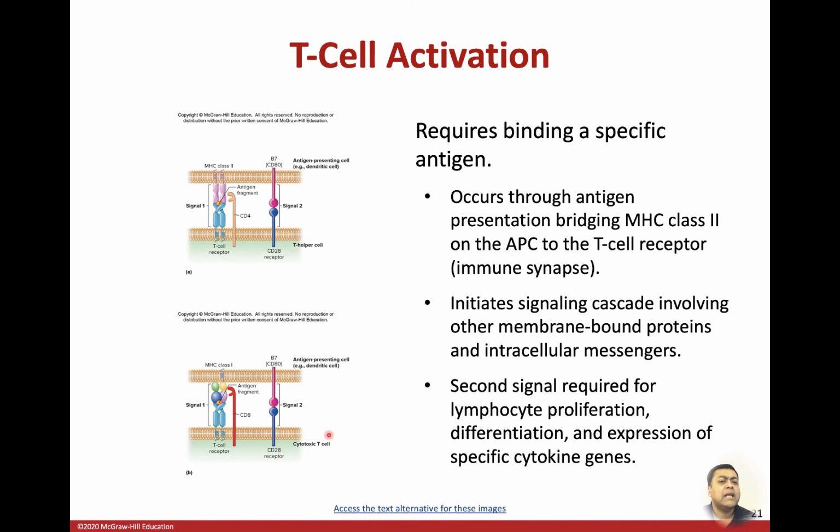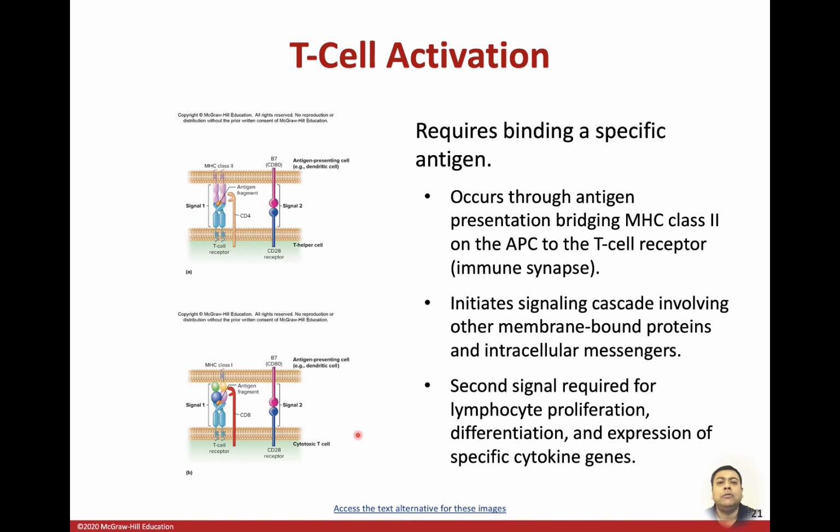On the other hand, the third signal that is also important is the release of cytokines by the antigen presenting cells, which is not shown here. So along with this activation, the antigen presenting cells, the dendritic cells or the macrophages, will also release cytokines that will act on the lymphocyte as a third signal.